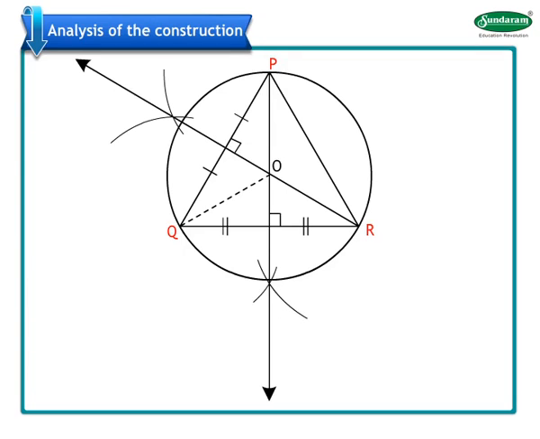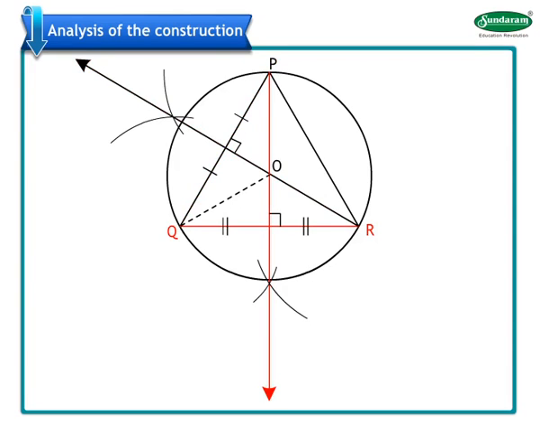Now let's see how. First, join points P and Q and draw the perpendicular bisector of segment PQ. Now join points Q and R and draw the perpendicular bisector of segment QR.